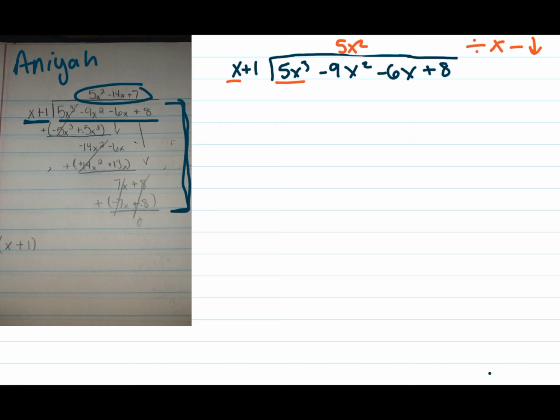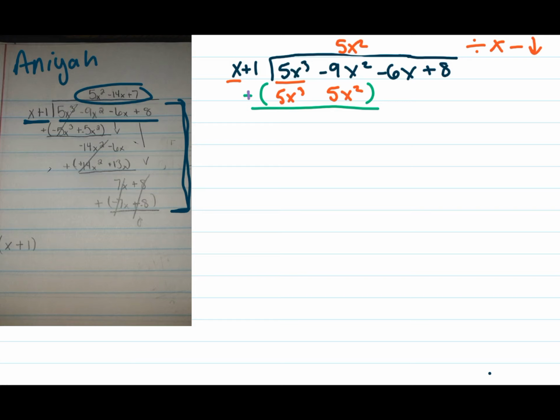So 5x squared times x is 5x to the third power. 5x squared times 1 is, yes, that's right, 5x squared. And then now we're going to subtract. All right. And notice that everything here is positive, but when I have a subtraction problem, I want to change it.